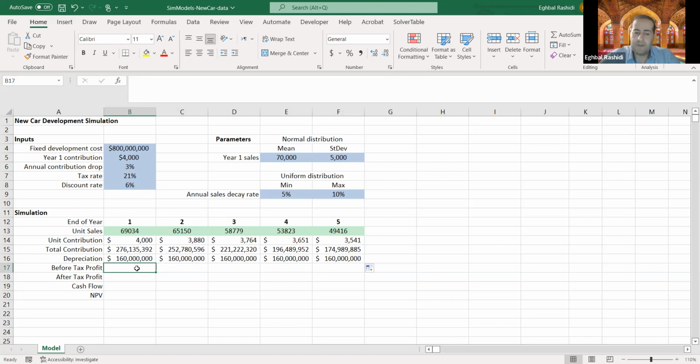Before tax profit, so the before tax profit, that's the total contribution that we have for selling the cars minus the depreciation that we can actually deduct. If you know finance, they can actually deduct depreciation from the revenue when they want to pay taxes. So that's going to be their revenue or the total contribution minus the depreciation, which is P16 here.